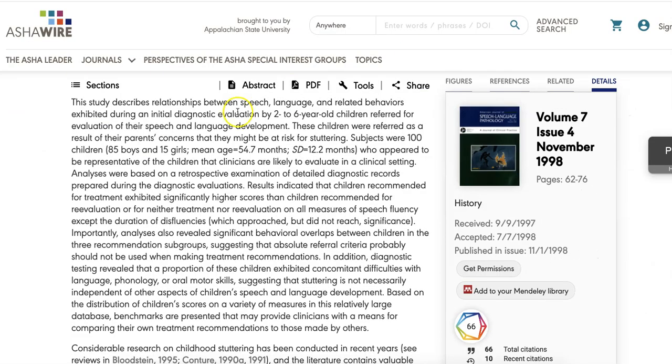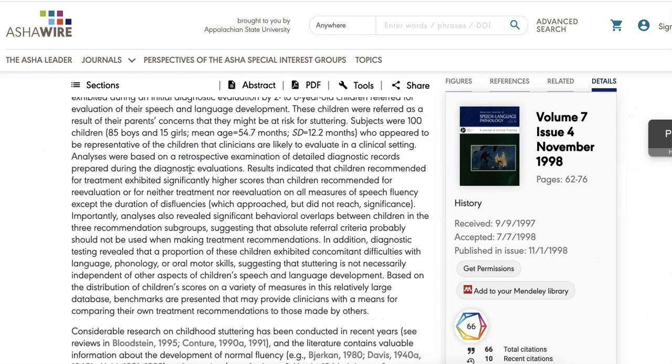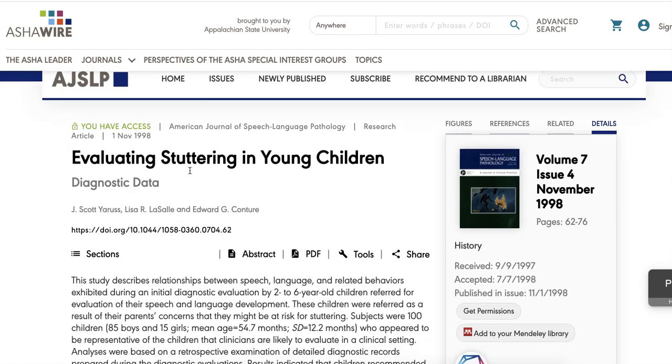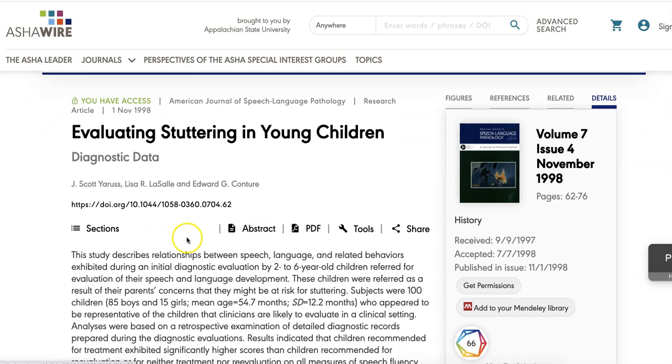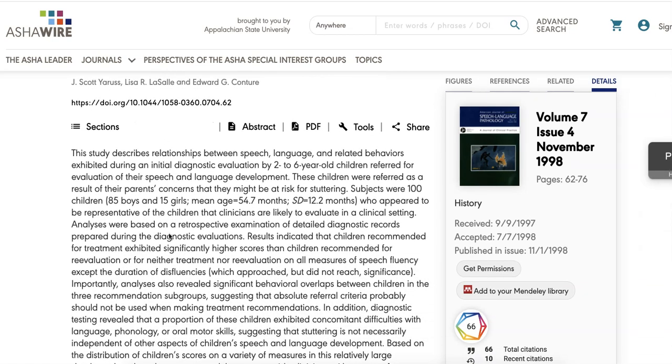So this is the one we want to go to. This is an article from Scott Yaris and colleagues in 1998, evaluating stuttering in young children. What they did was to go through and describe relationships between speech, language, and behaviors on evaluations that had already been done.